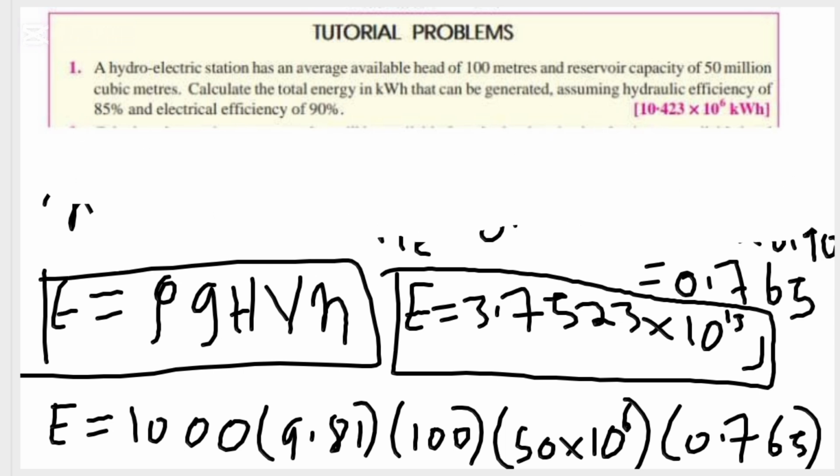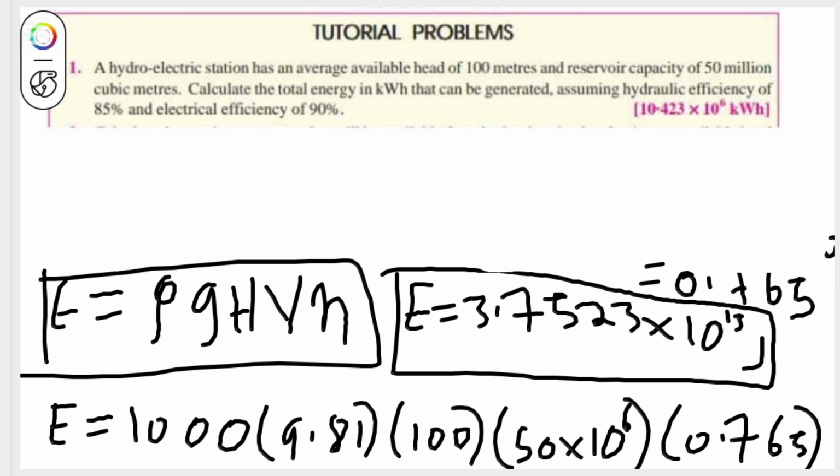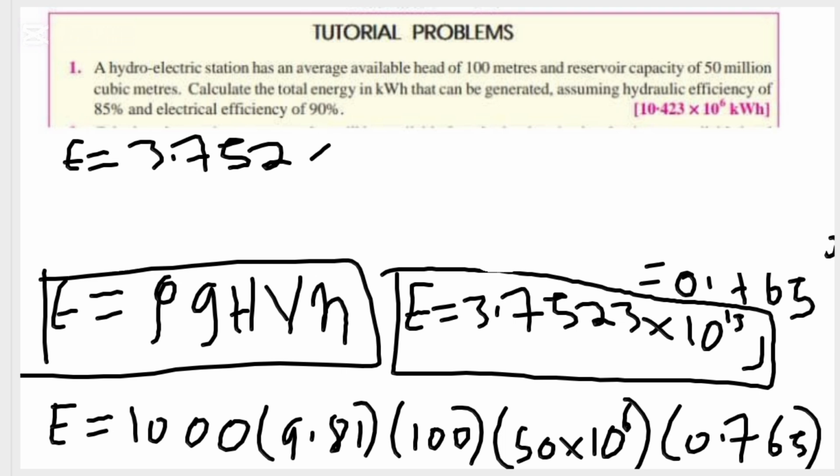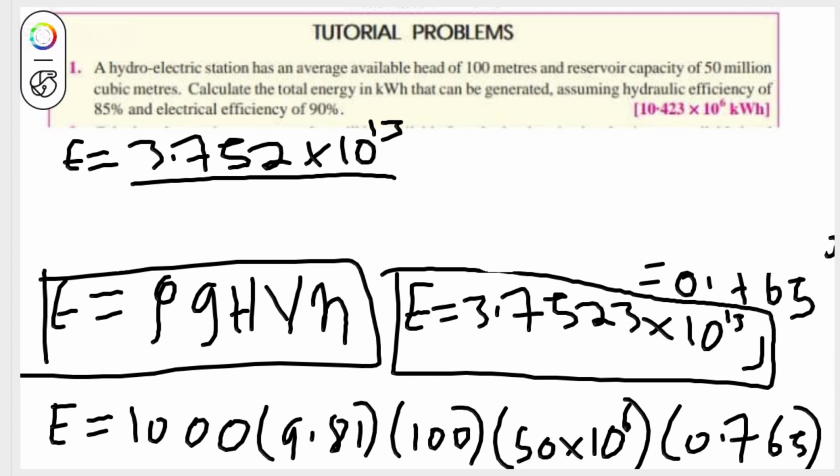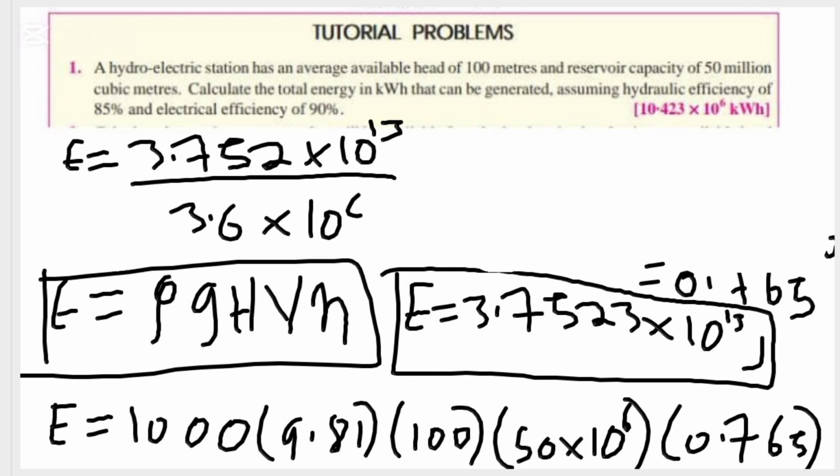I'll first say that the energy is the same thing as 3.752 times 10 raised to the power of 13 divided by 3.6 times 10 raised to the power of 6.